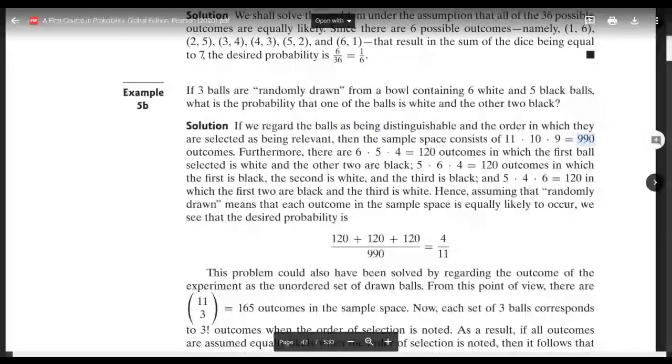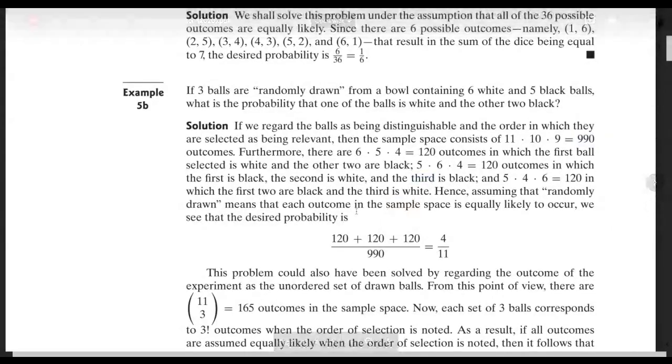So the possible ways of getting 1 white and 2 black is 6 times 5 times 4, because we draw the first one, second one, and third one, so 120 possible ways.